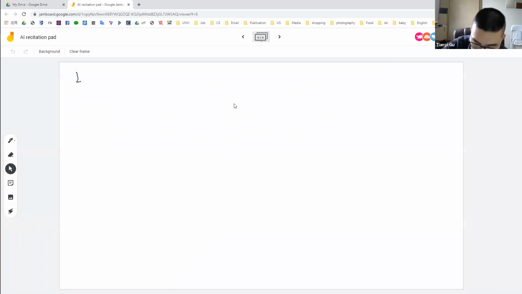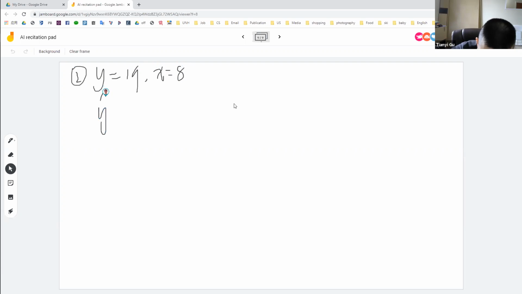All right. So let's do the update on the second data point, which is y equals 19 and x equals 8. First we compute the y hat. That is theta 0 plus theta 1 times x.